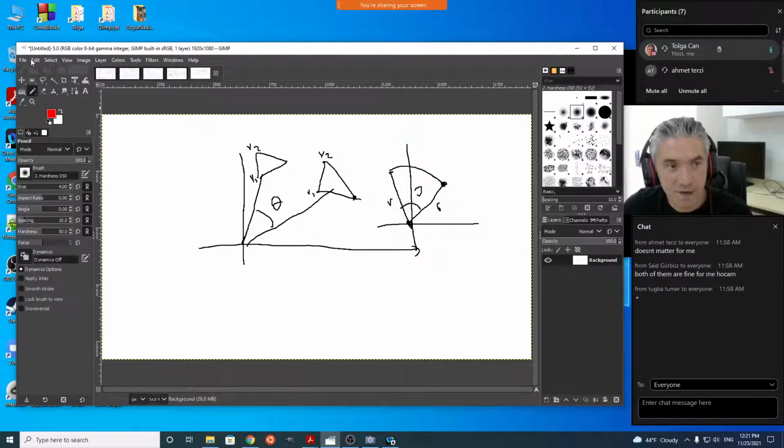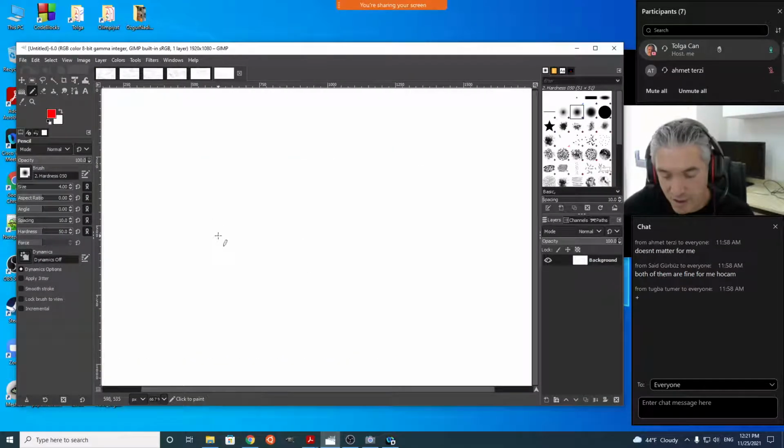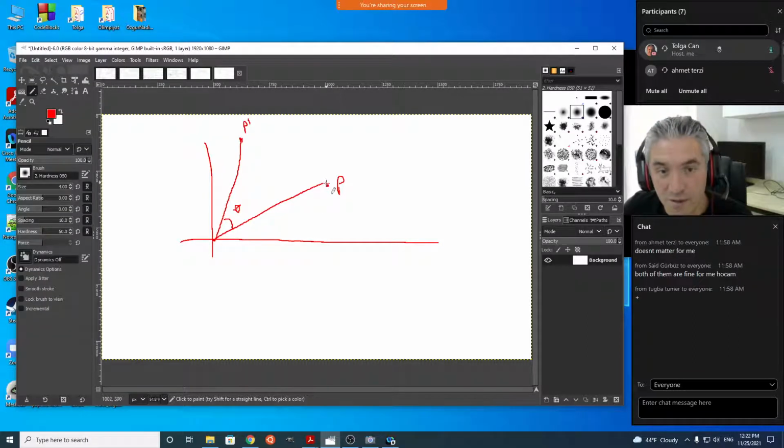Therefore, I'm going to solve this simple problem of rotating a single point around the origin theta degrees. Let's see. We have a point P, and I want to rotate this point P around the origin by some angle, let's call it theta, and its new coordinate is going to be P prime.